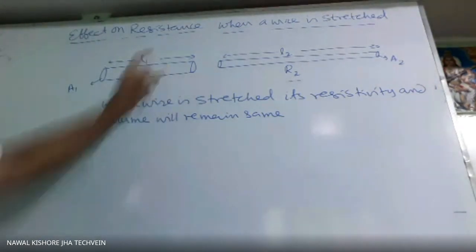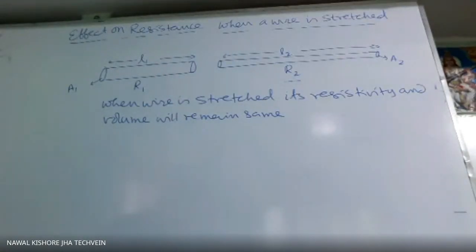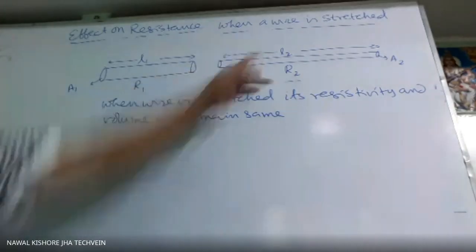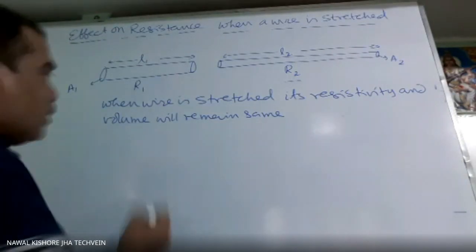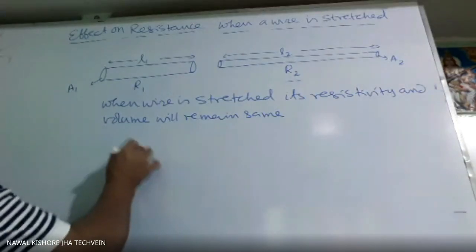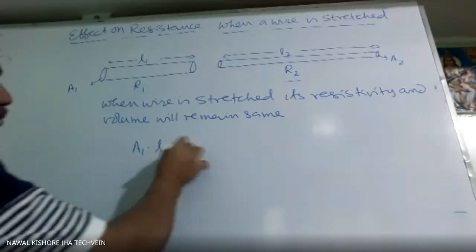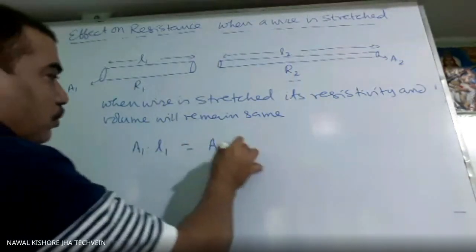Length into area of cross section. So in this case, A1 into L1 will be equal to A2 into L2.